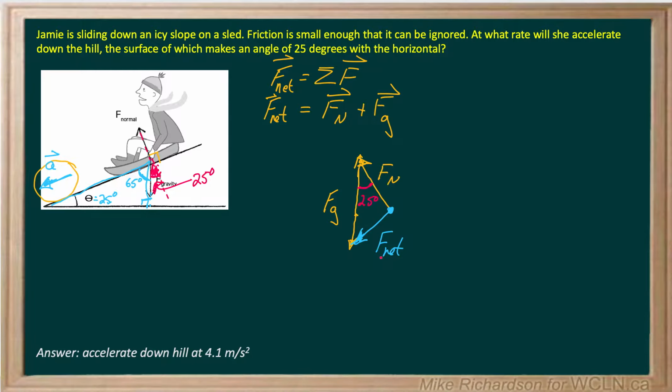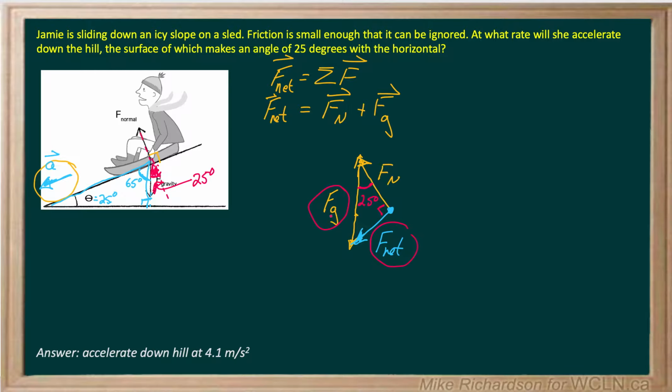Now we're trying to find F net. We don't know any masses or anything, but we know the formula for Fg. So I'm going to choose to use F net and Fg in this triangle. Don't forget we've got 90 degrees right here. Remember the ramp is F net and the normal force is 90 degrees to the ramp. So we've got a right triangle. F net is opposite to my angle.